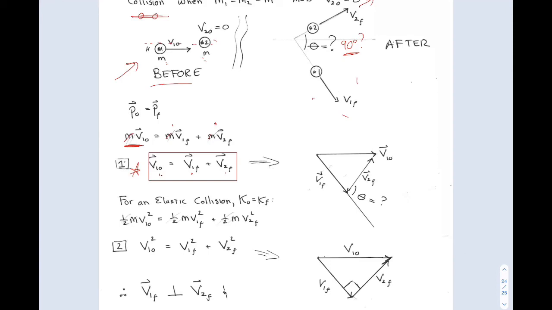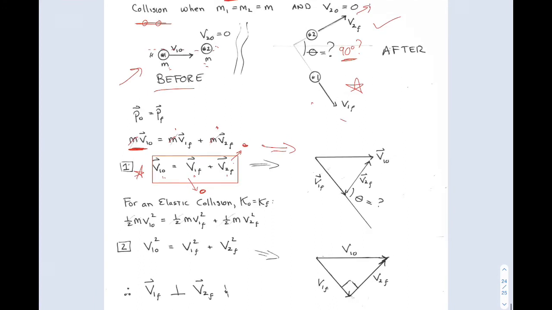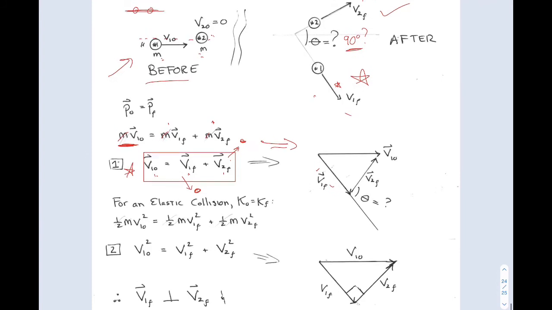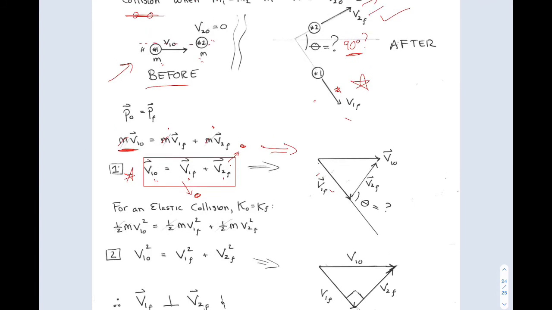Well, V1 final is in this picture up here, so V1 final points that way. V2 final is up here, that points that way. So I'm adding these two vectors. I did it in this picture over here. Here's V1 final, points down. V2 final points upward.